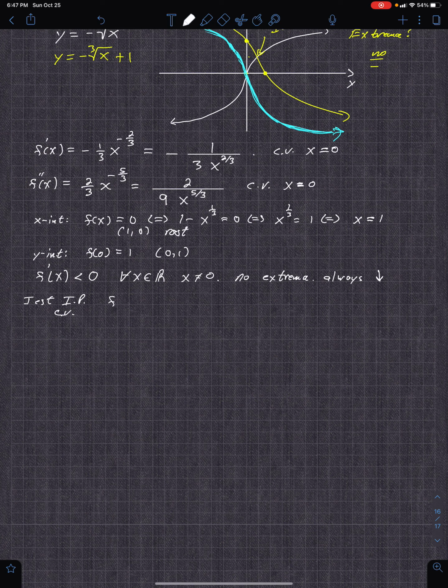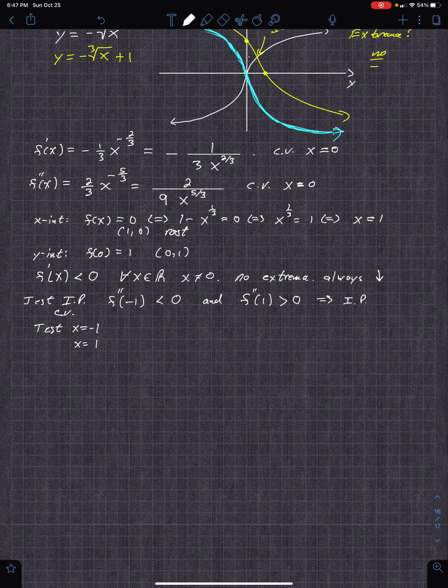So f double prime of -1, let's just test x equal to -1. So f double prime of -1 is less than 0, and f double prime of +1 is greater than 0. Okay, so that implies inflection point. Let's just abbreviate, make it simple on us. That implies inflection point.